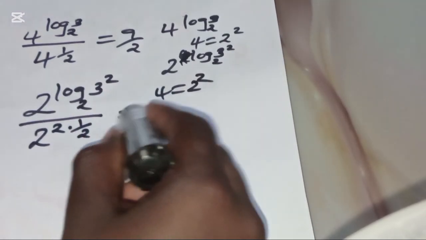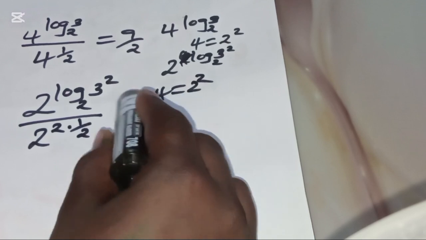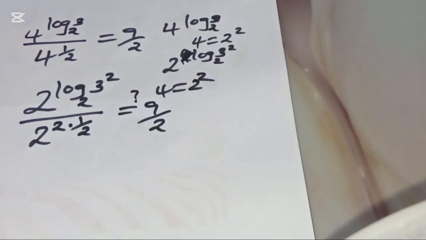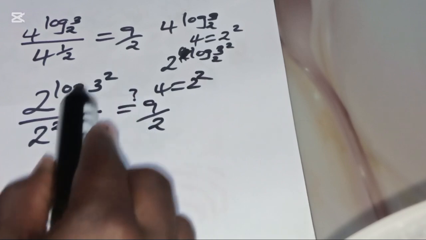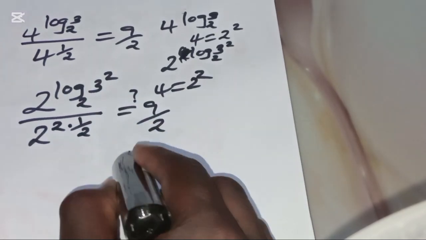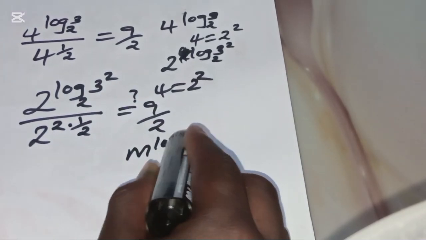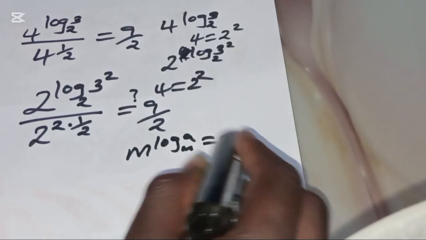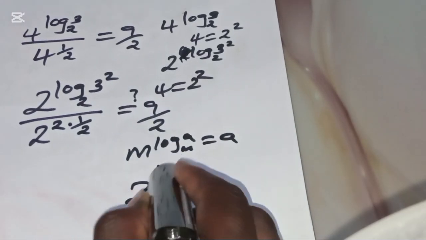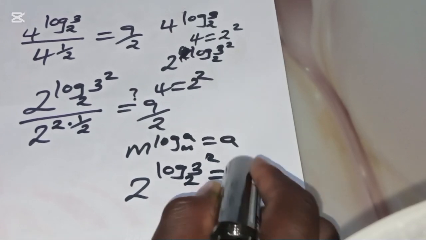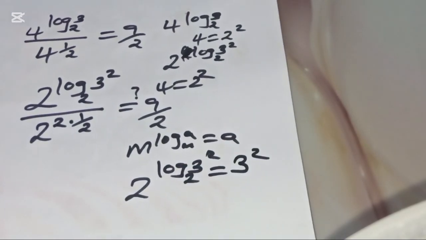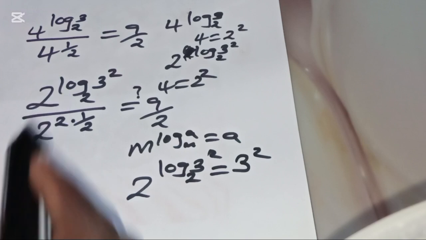So this is essentially supposed to give us a value of 9 divided by 2. Now again, as you can check here, 2 to power log 3 squared to base 2 is in the form of m to power log a to base m, which is equal to a. That means 2 to power log 3 to power 2 to base 2 is equal to 3 squared. So let's substitute 3 squared back into the equation.